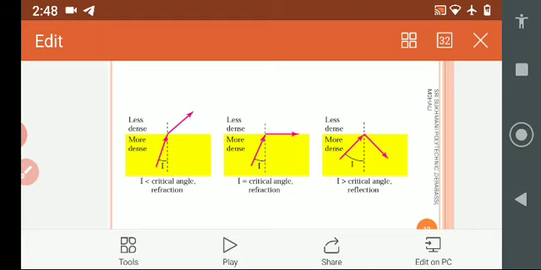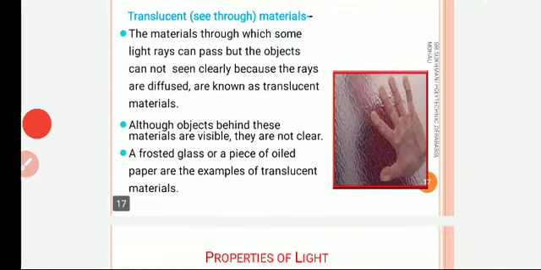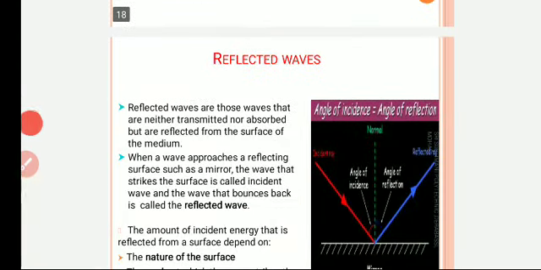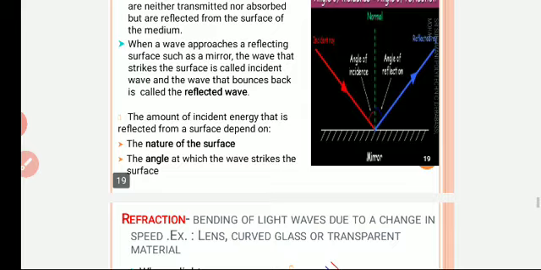If the angle is less than the critical angle, the light will go into the cladding, as shown by number 1. If it is equal to the critical angle, the light will go straight. But if the angle is greater than the critical angle, the light will be reflected back into the medium, and it becomes the reflected light.